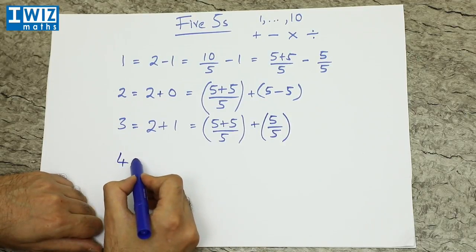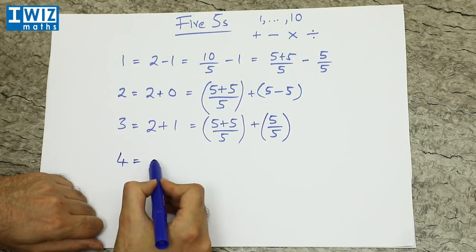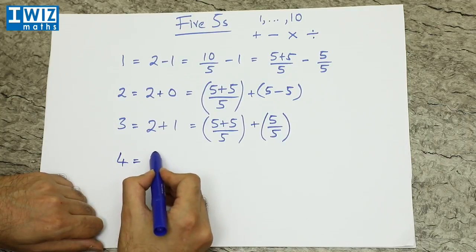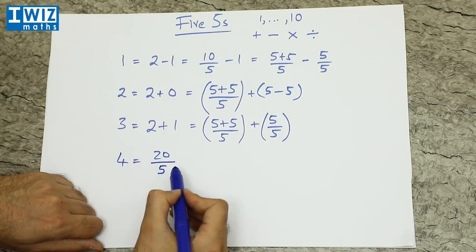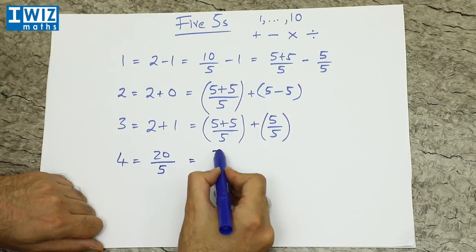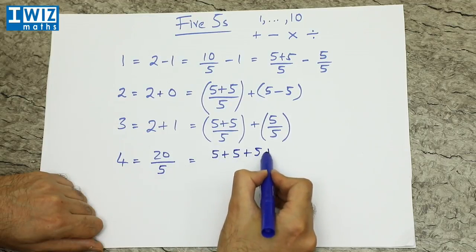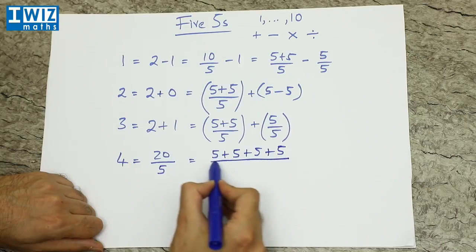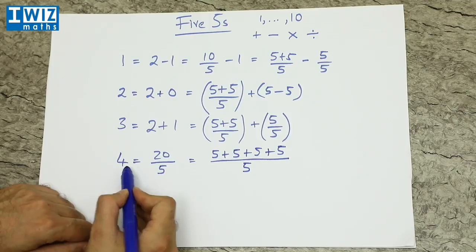Getting to the number 4, 4 is a little bit on the tricky end. So that is, let's say, 20 divided by 5. So that would be 5 plus 5 plus 5 plus 5. So that gives us 20 divided by 5 gives us 4.